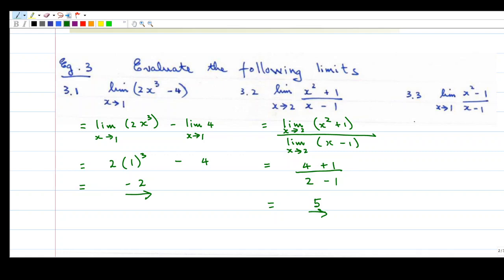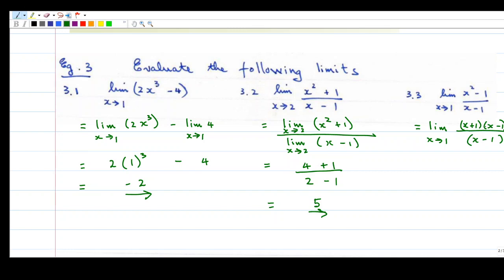What we can do over here is factorize the numerator. So this gives us now the limit as x approaches 1 of, factorizing the numerator, x plus 1 multiplied by x minus 1, using the difference of two squares, all over x minus 1.